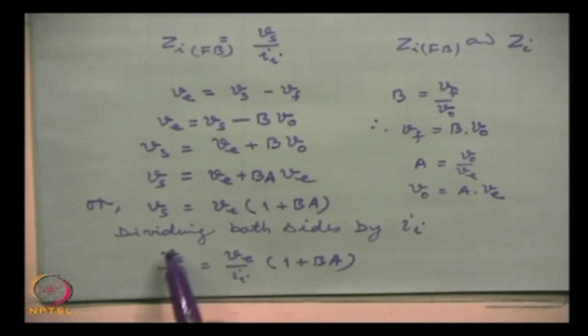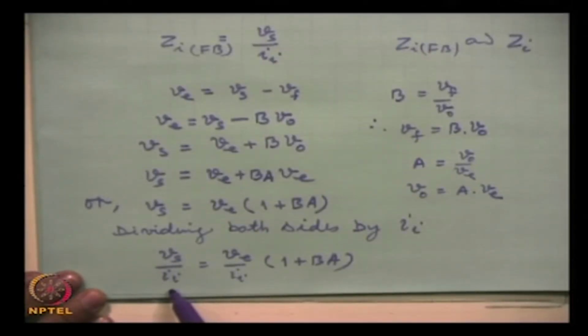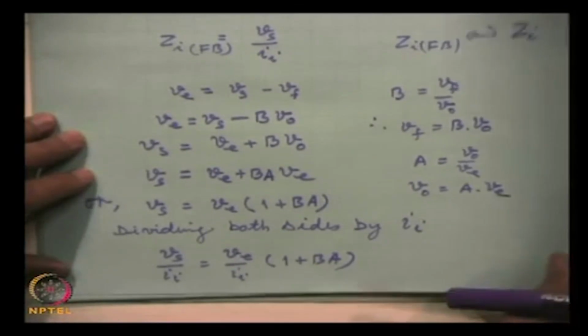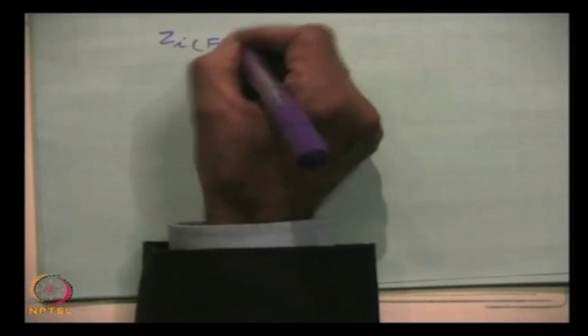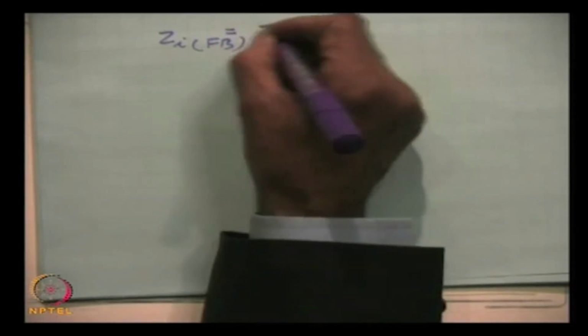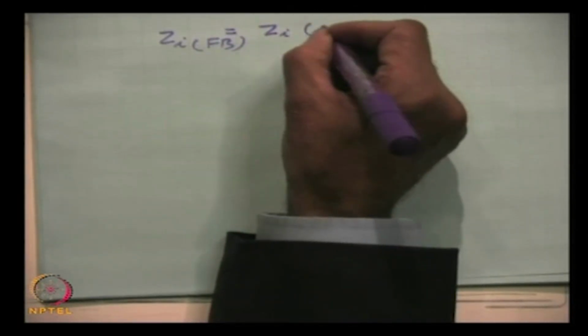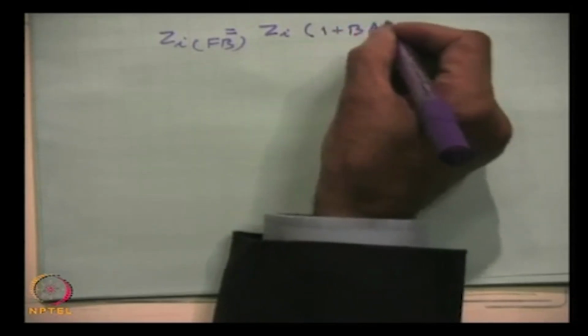And what is this? Look here how we defined, this is the input impedance with feedback, and this is the open loop impedance, impedance of the open loop. Therefore, we get the relationship from here that ZIF is equal to ZI into (1 plus B A).